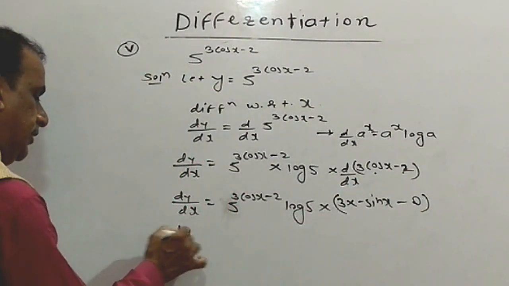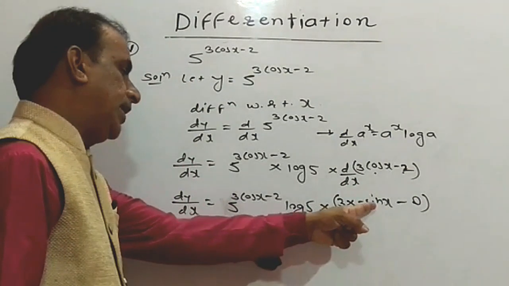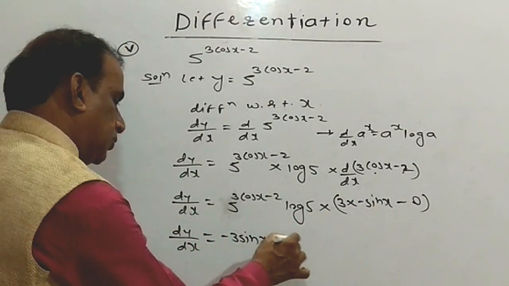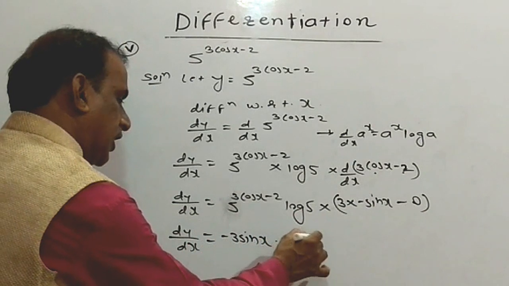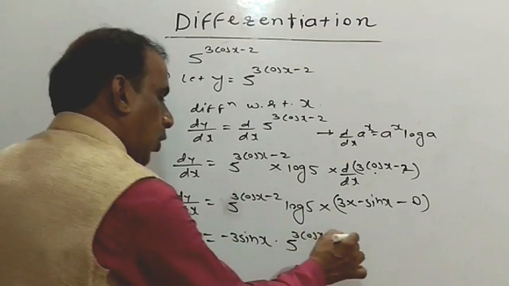So dy/dx is equal to 3 into minus sin x, which is minus 3 sin x, into 5 to the power 3 cos x minus 2 into log of 5.